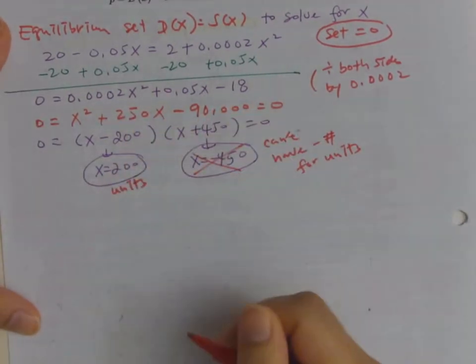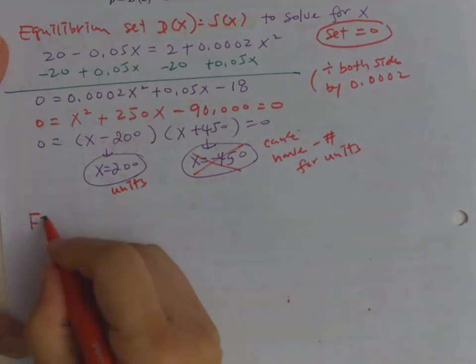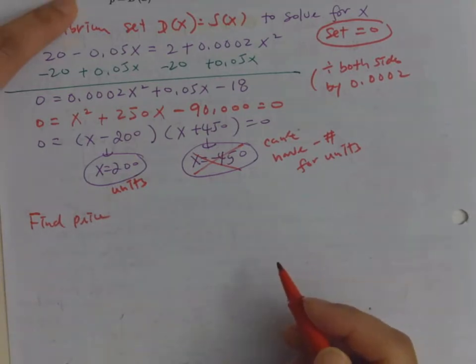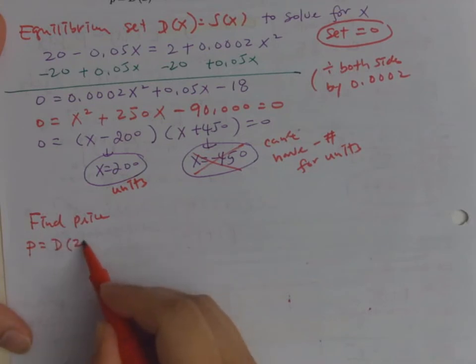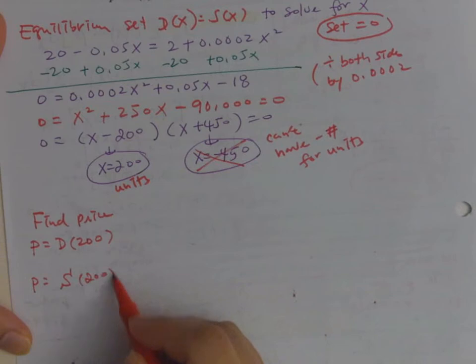How about the price? Then we need to find the price. You can either plug into the demand function or the supply function, and you should get the same number: price equal to D of 200 or price equal to S of 200.